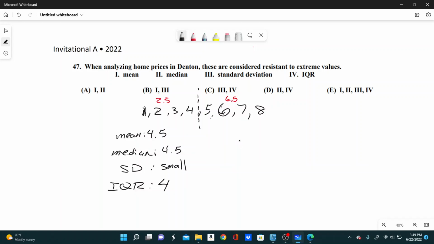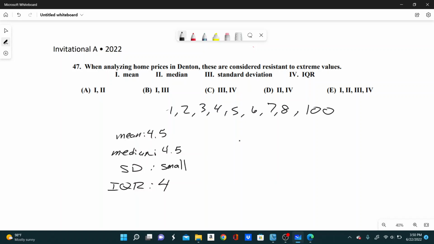So now let's see what happens if we add an extreme value. I'm just going to take this list of 1, 2, 3, 4, 5, 6, 7, 8, and I'm going to add an extreme value. Let's just say 100.